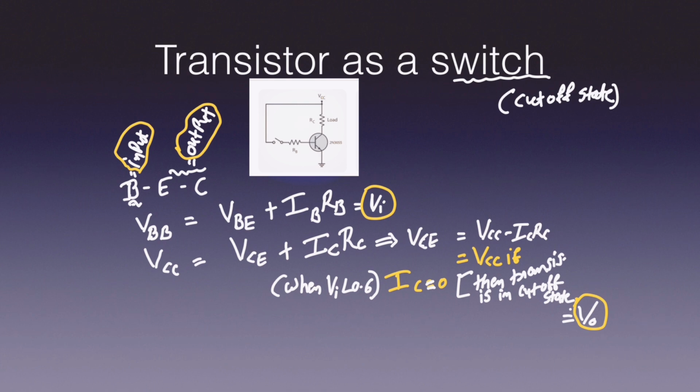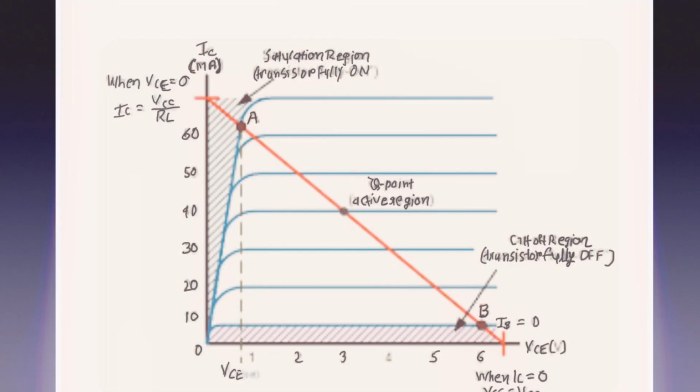VBB is equal to VBE plus IBRB, where VBE means the voltage between base and emitter. And the output will be VCE. But we know that VCC is equal to VCE plus ICRC. So making VCE the subject, we get VCE equal to VCC minus ICRC. So this will be our output voltage.